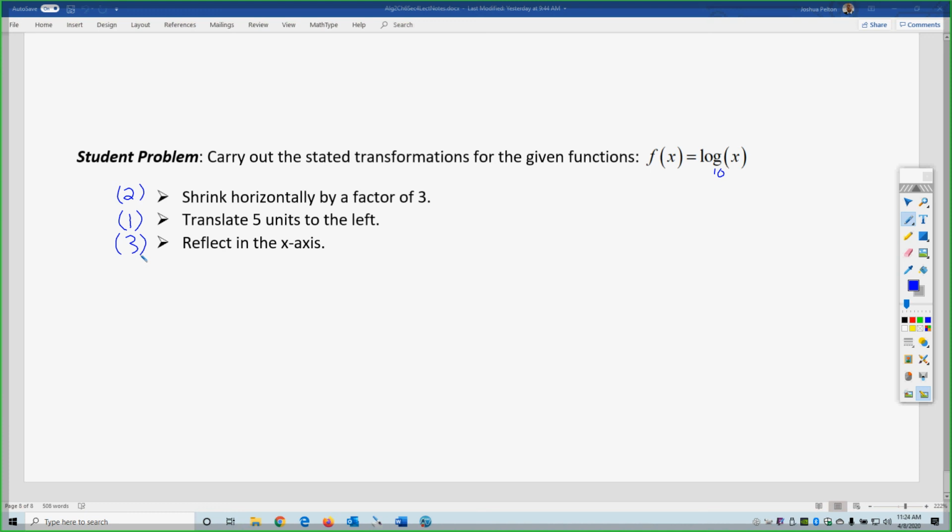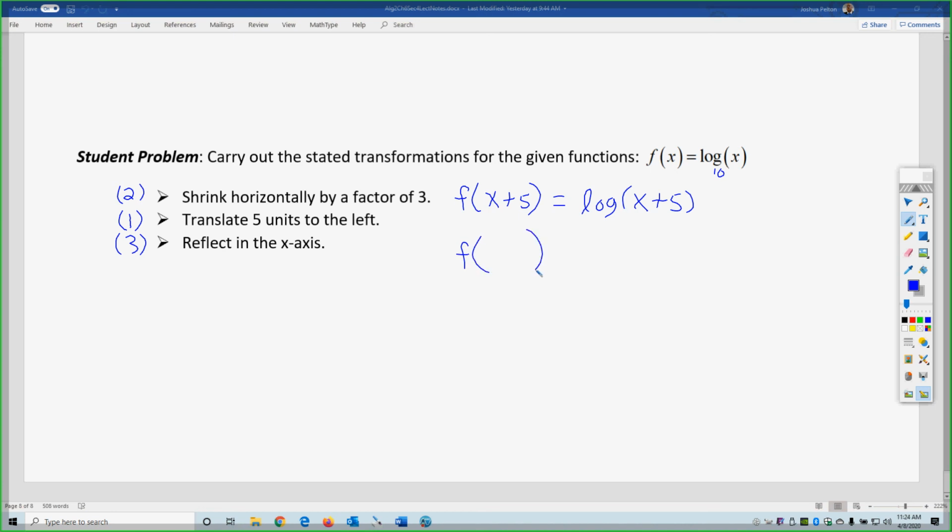So translating 5 units to the left, it's x, that's on the inside, so that's x plus 5, because it's counterintuitive inside. So plus 5 is actually left. So this is log replacing x with x plus 5. The second being shrink horizontally by a factor of 3. So that's horizontal, so it must be in the inside.